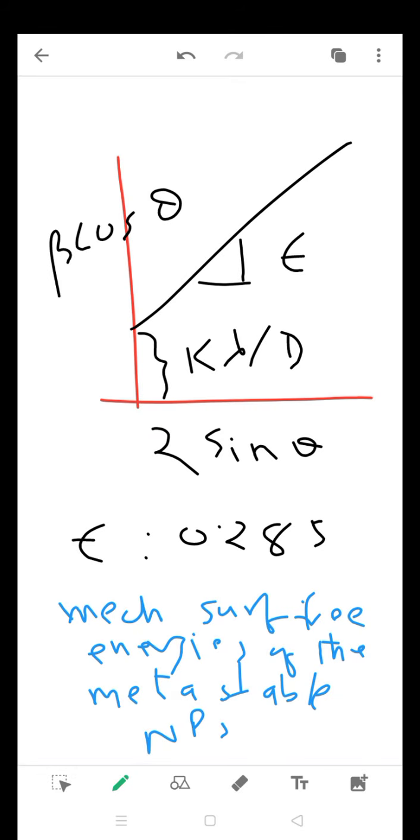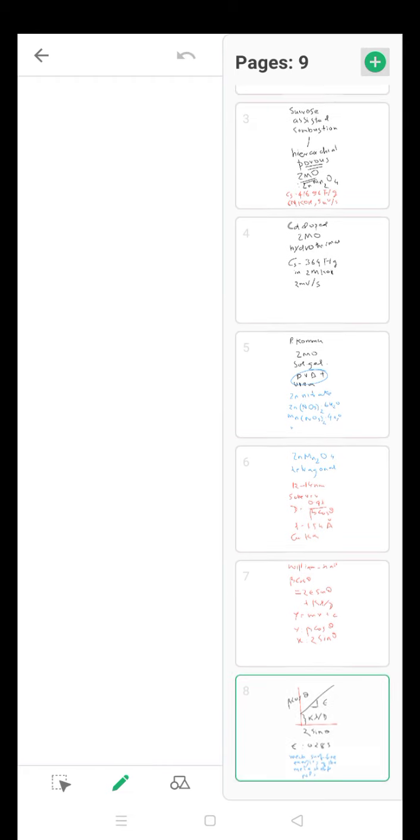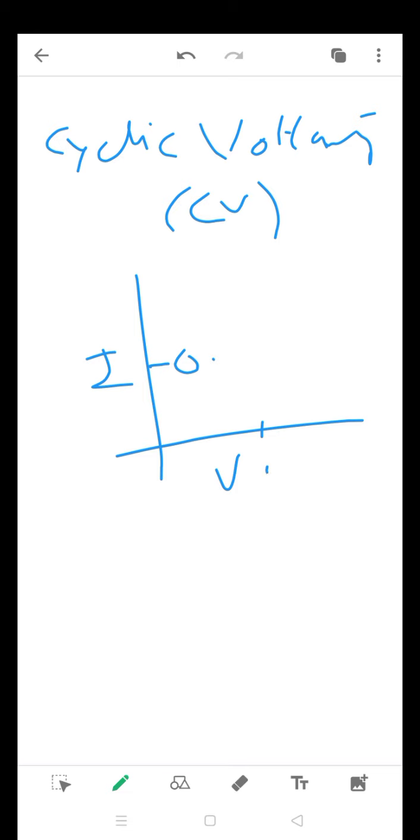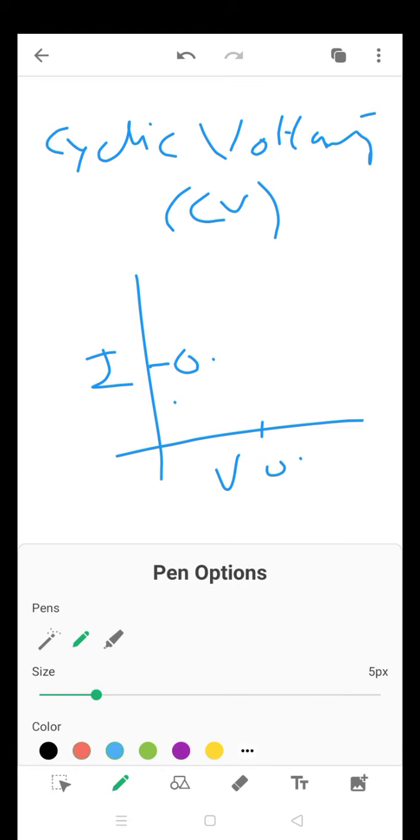And lastly, to determine its performance, the cyclic voltammetry test was done, which is in short known as CV. Basically, you get a current versus voltage diagram, and this is your zero. You vary the current from positive to negative, and you also get to find out the voltage. So you get a plot like this.